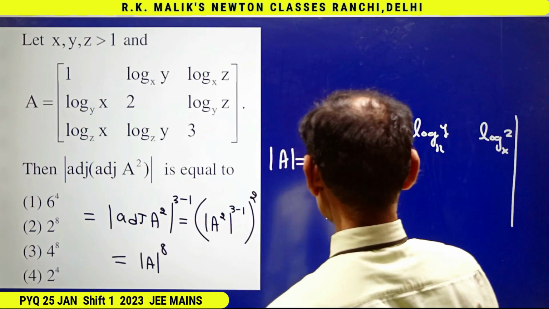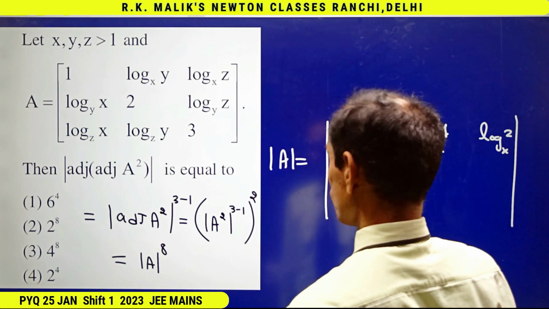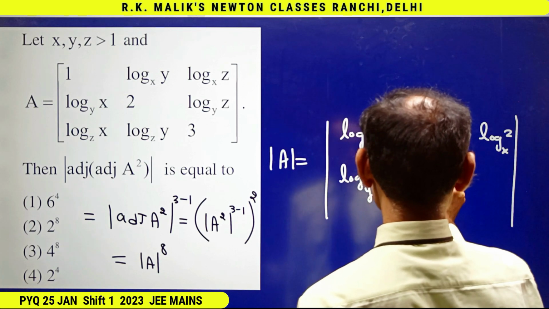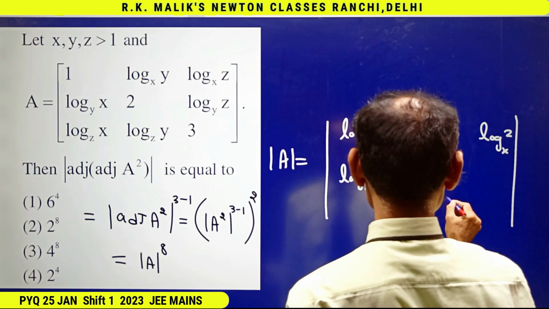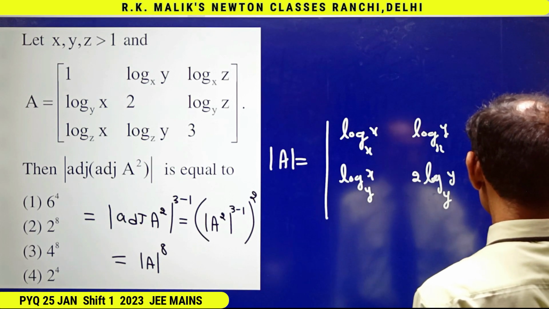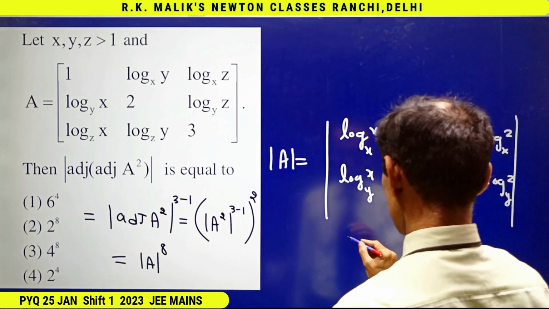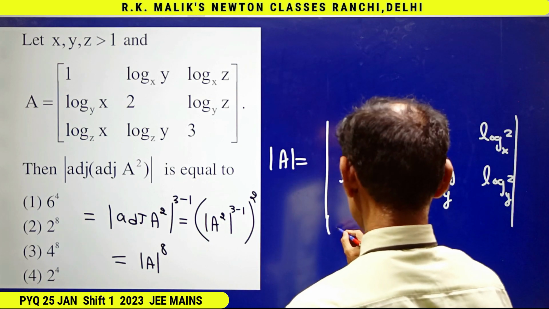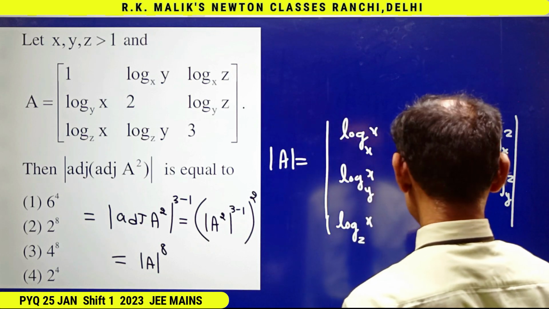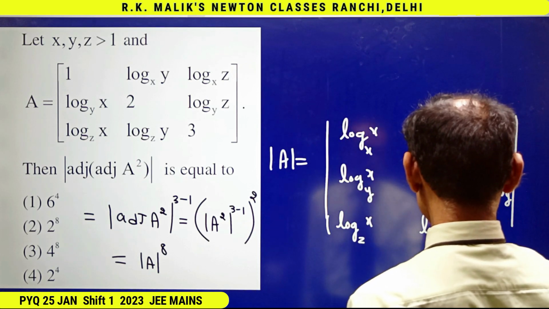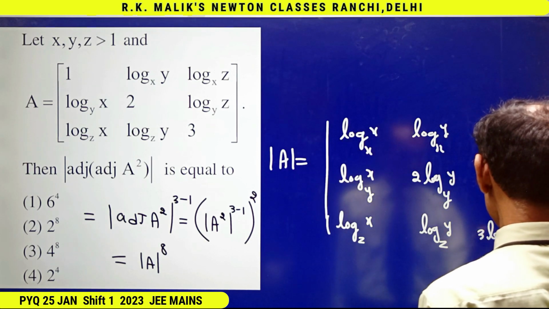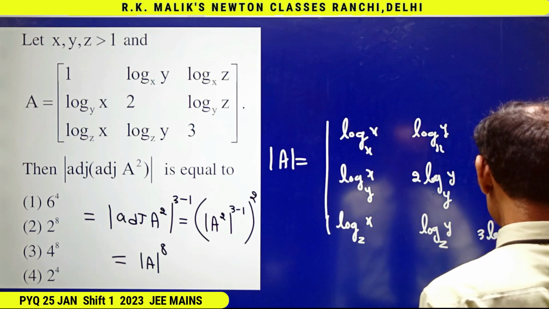Similarly, in the second row, it is log of x to the base y, log y to the base y, and log of z to the base y. And lastly, it is log of x to the base z, log of y to the base z, 3 log z to the base z.